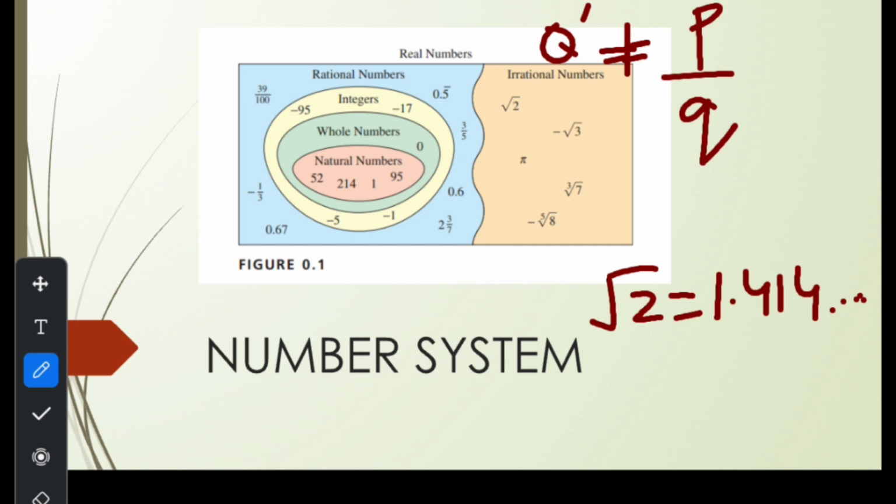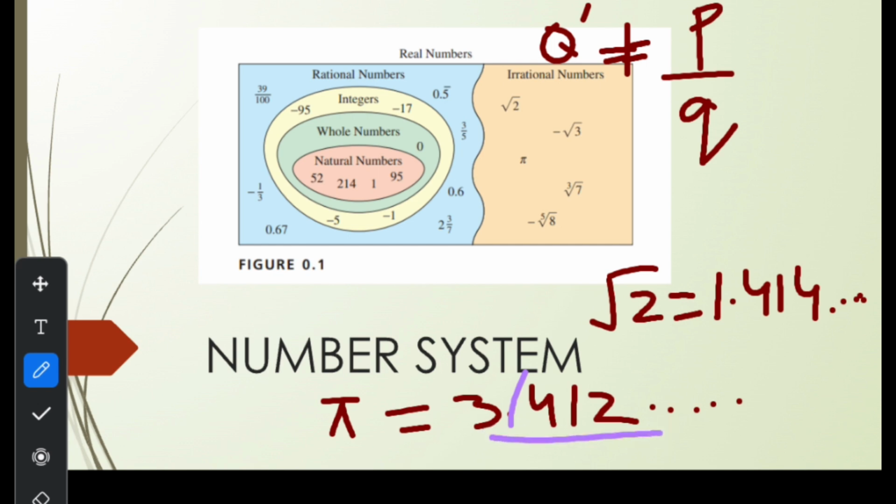Many times we have seen that people write pi as 3.412, and when I remove its decimal sign, I may have multiples of 10, but I cannot express it as some whole number. So this is again a rational number. Sorry, irrational number. Let's move to the next slide.